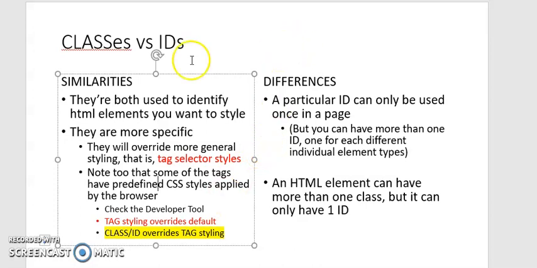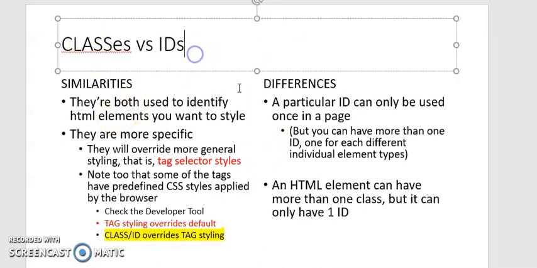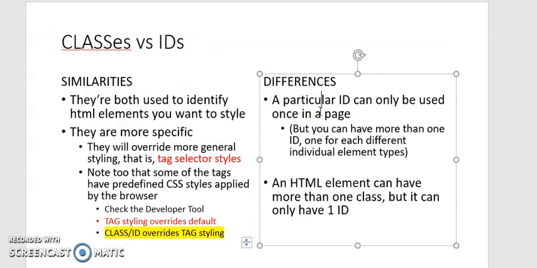Now, there are also differences between classes and IDs, and this is very important to understand. A particular ID can only be used once in a page. More specifically, this means that you can use multiple IDs, but you can only use one ID for one element.